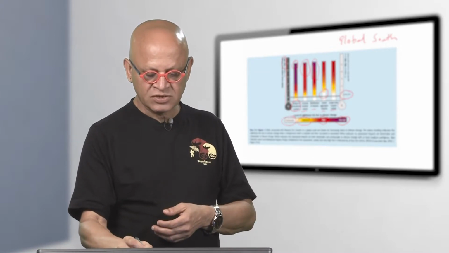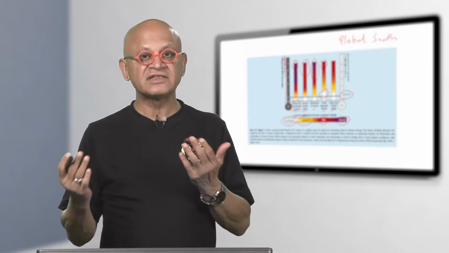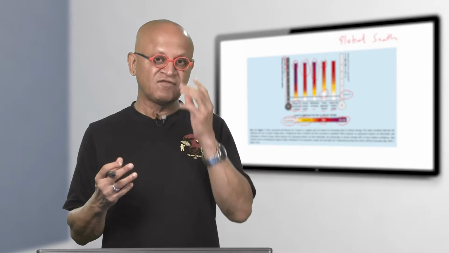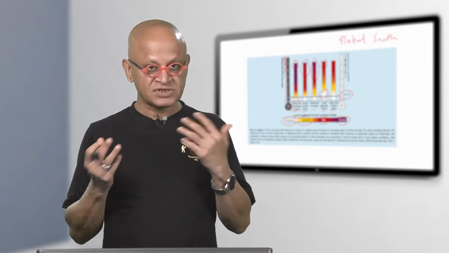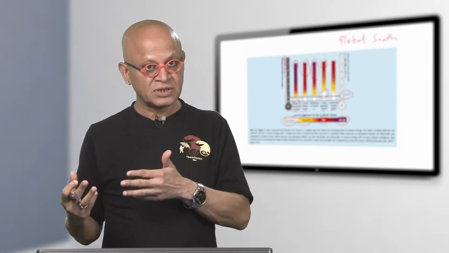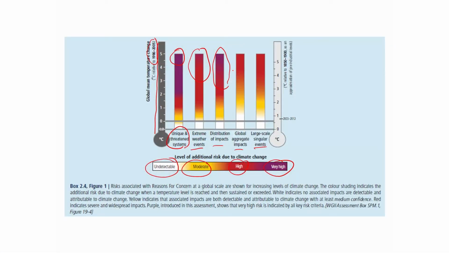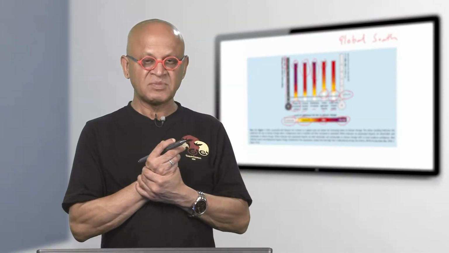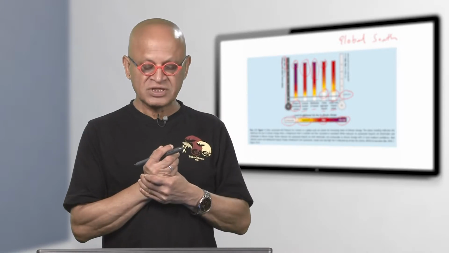Distribution of impact, so the unevenness of the manifestation of climate impacts on different groups, richer versus poorer, Asian, or the so-called global south. There is a term called global south, which basically includes all developing countries, developing economies, emerging economies.